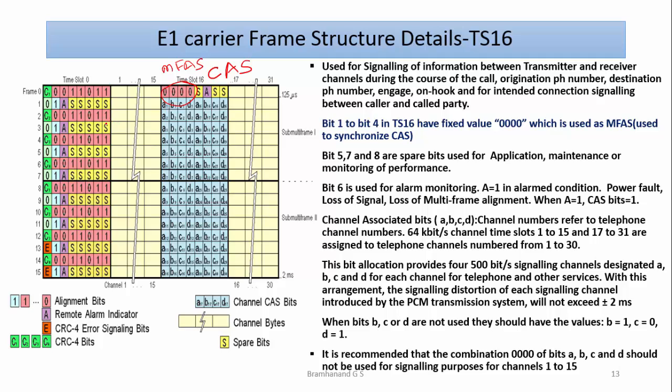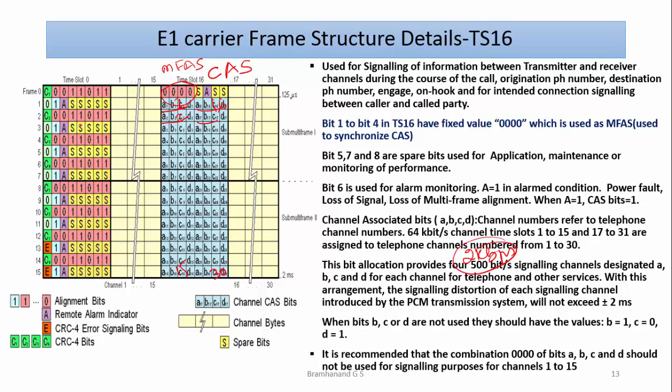As we know, we have 30 channels within DS1 or E1. So every channel will have its own signaling channel. So this is for channel number 1 up to 15, and this is from 16 to 30. So every channel will have almost an equivalent of a 2 kbps line.